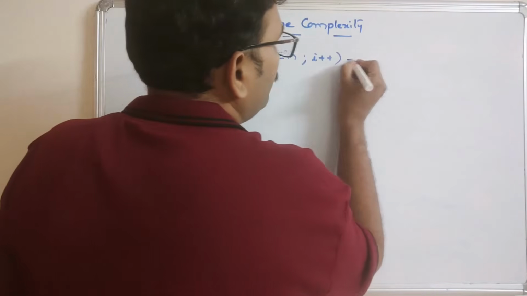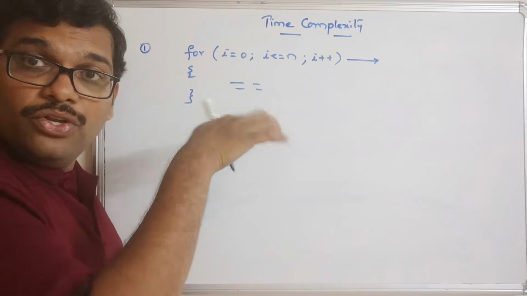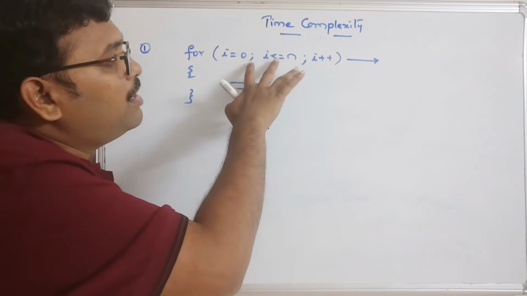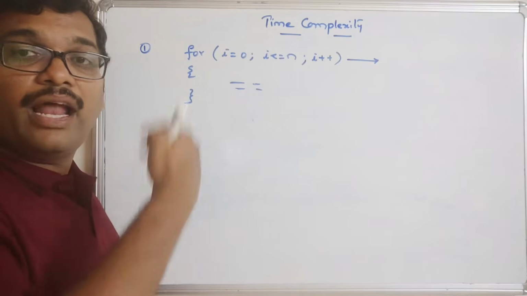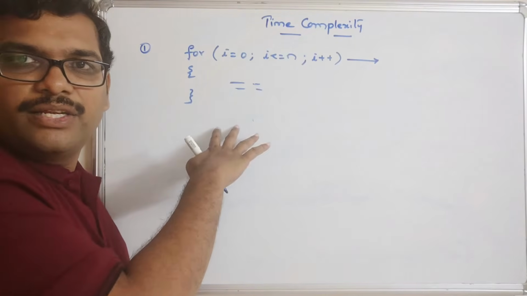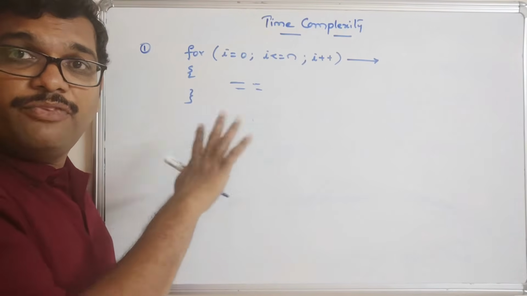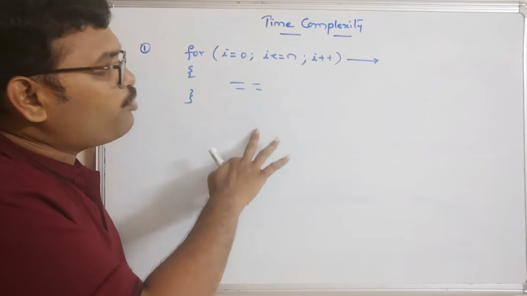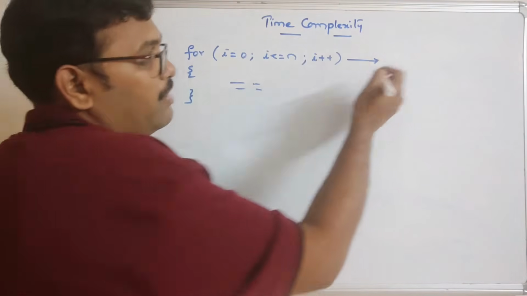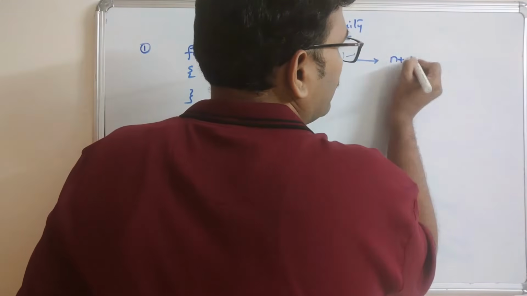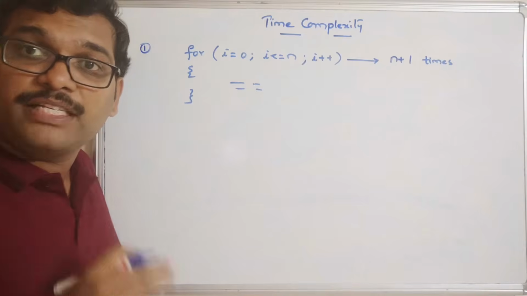I starts with 0, and until i becomes greater than n, this block will be executed. For example, when i is n plus 1, the condition will be false and it will not be executed. So it will be n plus 1 times, right? n plus 1 times.